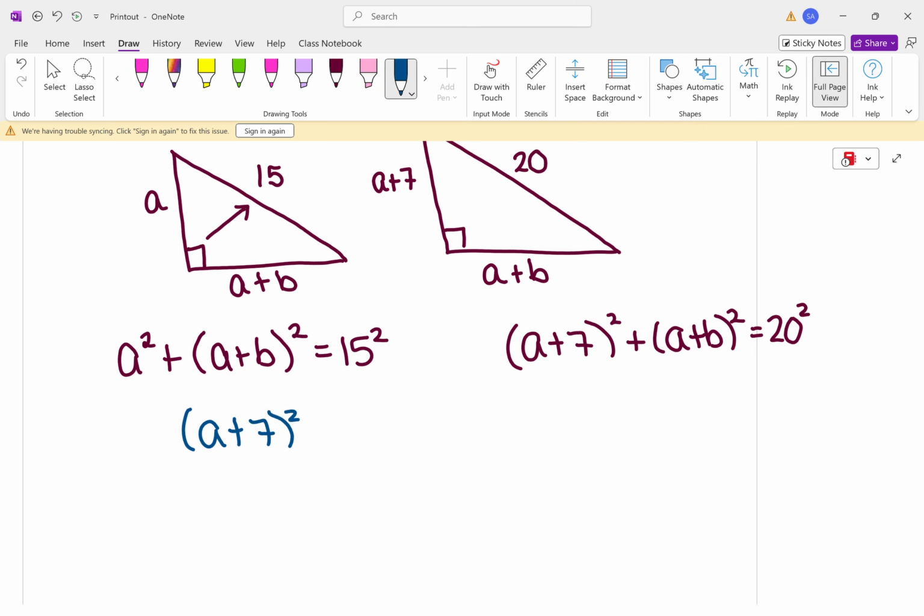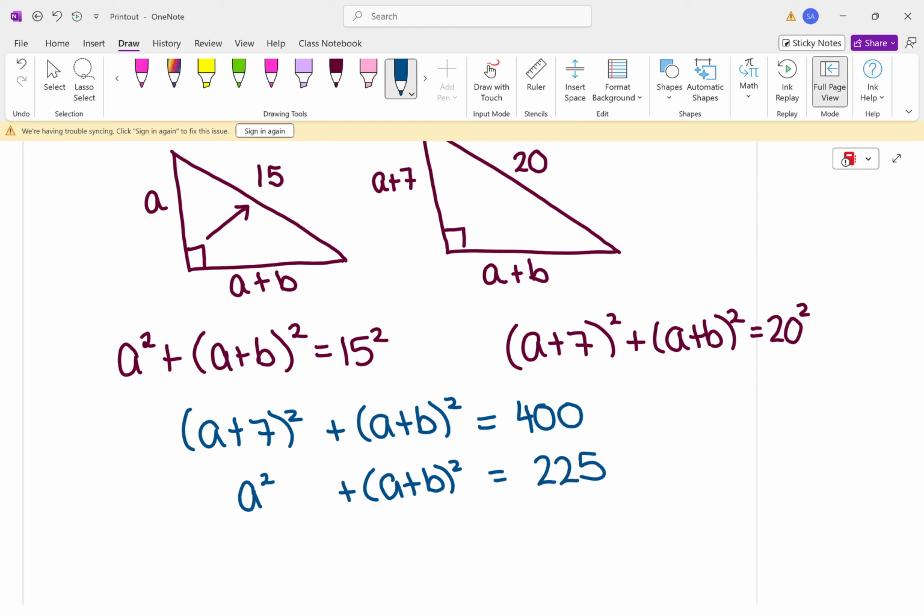We're going to have A plus 7 squared plus the quantity of A plus B squared equals 400. And then we're going to have A squared plus the quantity of A plus B squared equals 225.